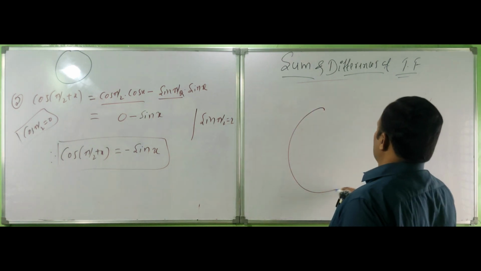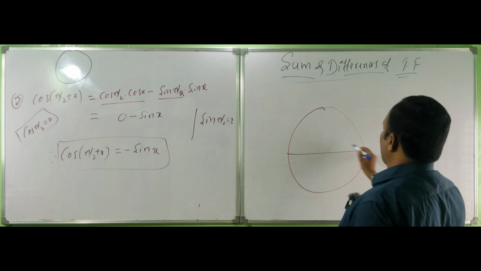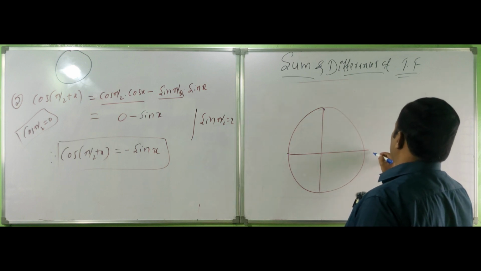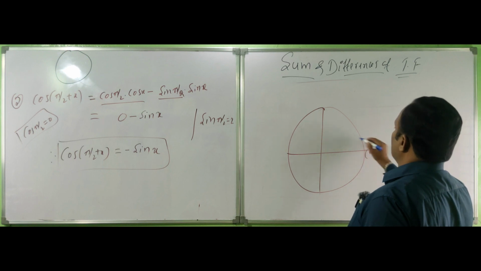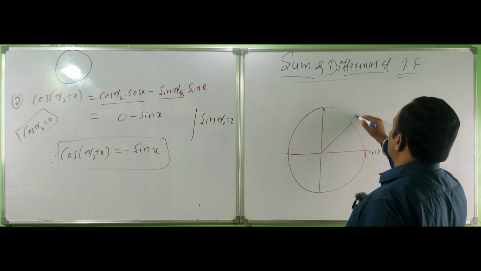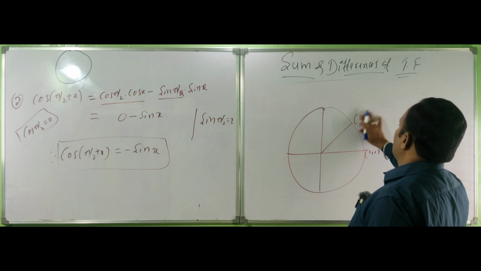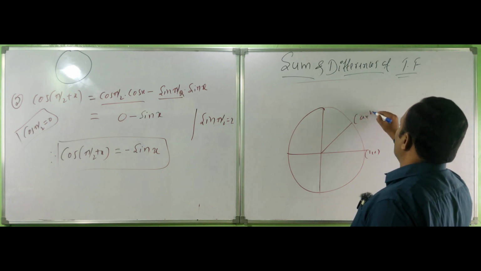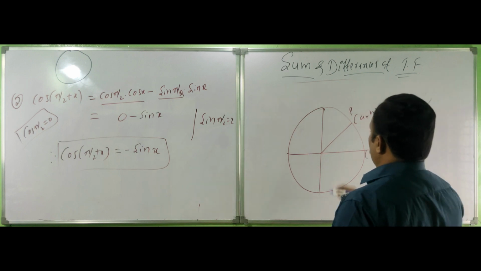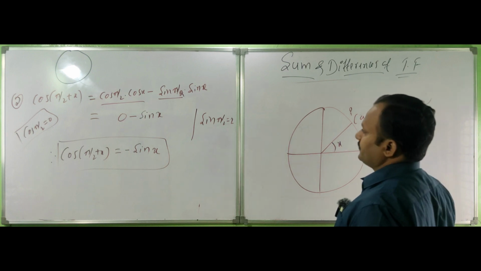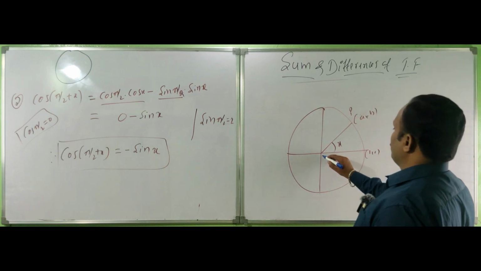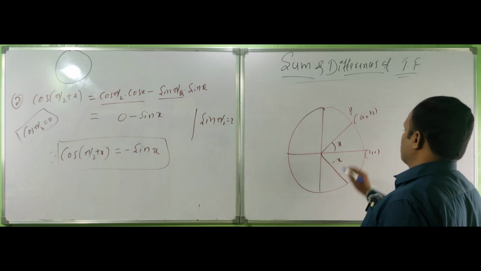This is the unit circle. This is the 1 and 0. This is the cos x. This is the point A and point B. This is the x. This would be the minus x.